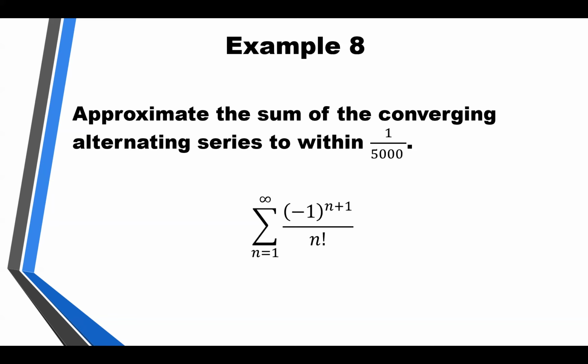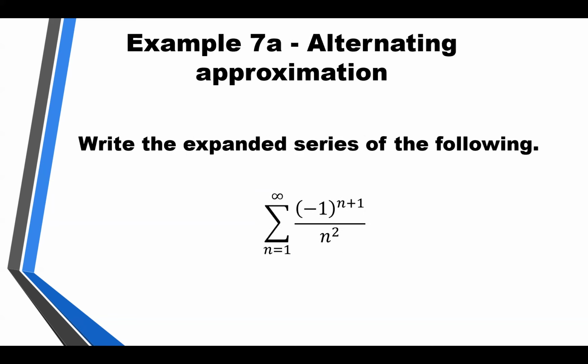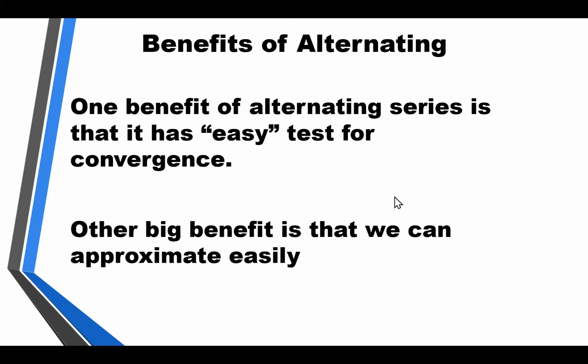So this shows that a couple of really nice things come with alternating series. One is we have a really nice test for convergence. As long as the positive component of the terms are going towards 0 and decreasing, then we know our alternating series converges.